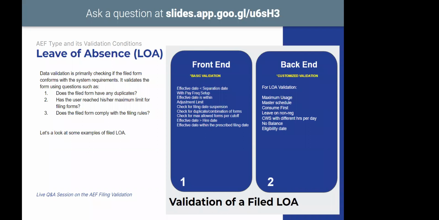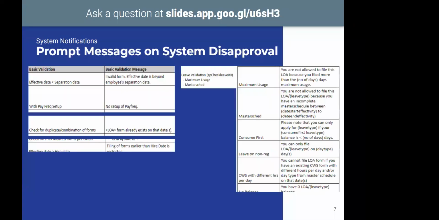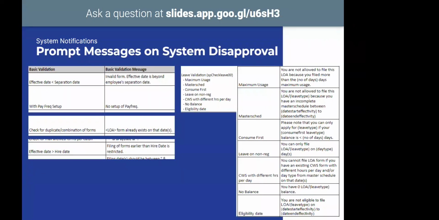So let me go ahead and go into the next slide. So these are the prompt messages on system disapproval, just to give our participants that overview of what messages appear on their end, or the notifications that appear on the user's end when these validations happen, when the basic and the customized validation happen on the system.